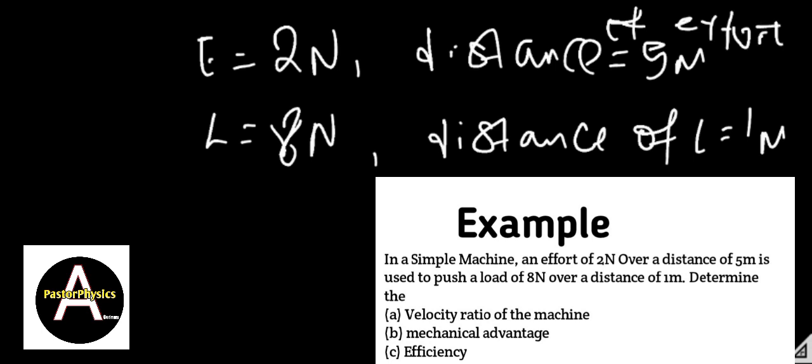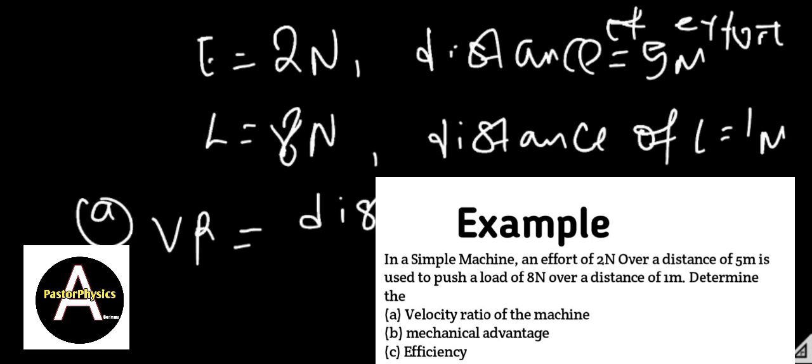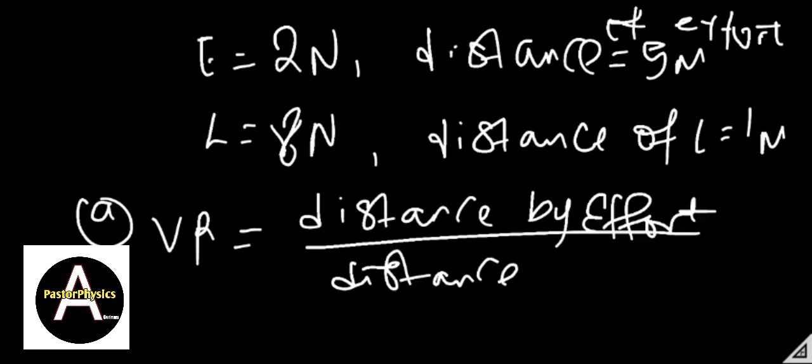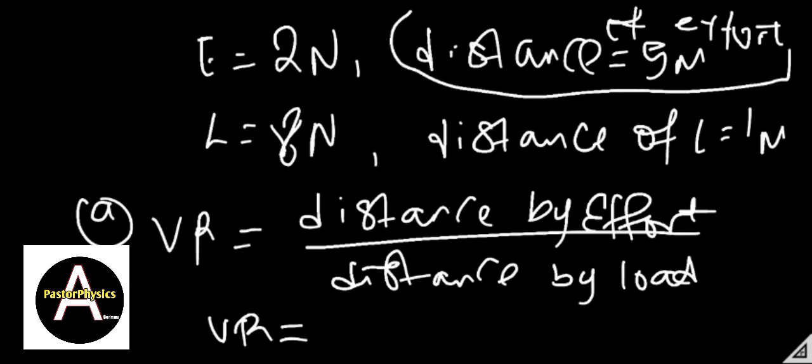Now let's say A, find the velocity ratio of the machine. We know that velocity ratio is equal to distance moved by effort over distance moved by load. So velocity ratio will be distance moved by effort from the question, 5 meters, on top, over distance moved by load, 1 meter.